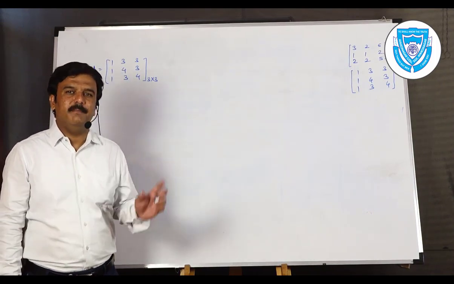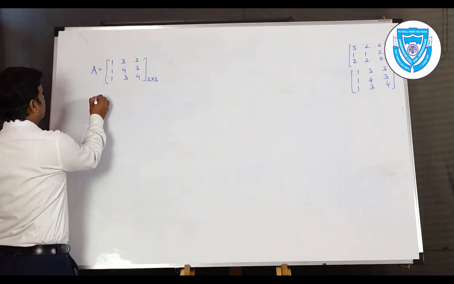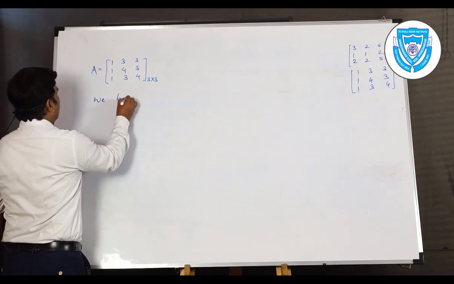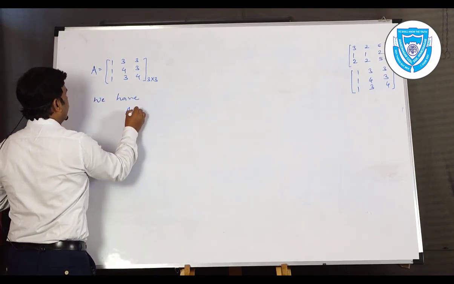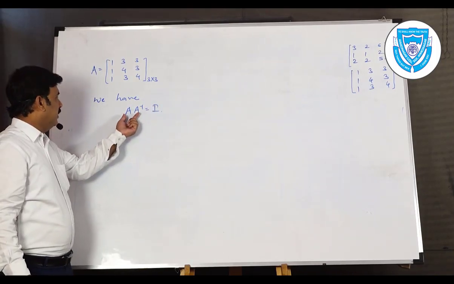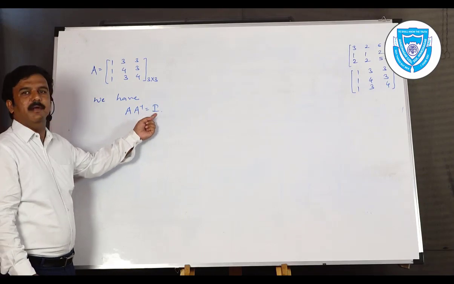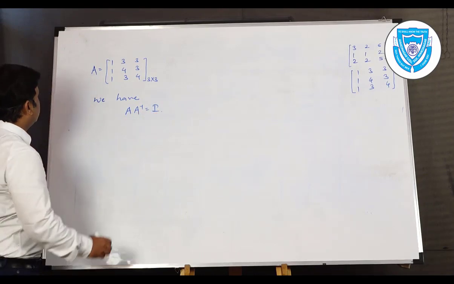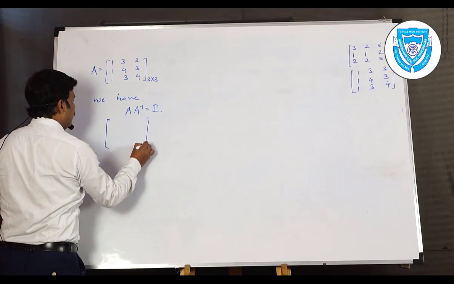The process is the same. At first we'll start with one relation. We have A into A inverse is equal to I. We know that a matrix multiplied by its inverse gives us the identity matrix. Now let us start. Put the values of A. What are the elements of A?